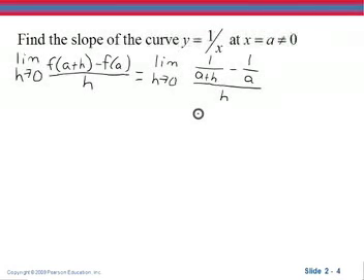To eliminate the two fractions that we have in the numerator here, we will choose the common denominator. The common denominator will be a plus h times a, and we'll multiply every term, top and bottom, by the common denominator.